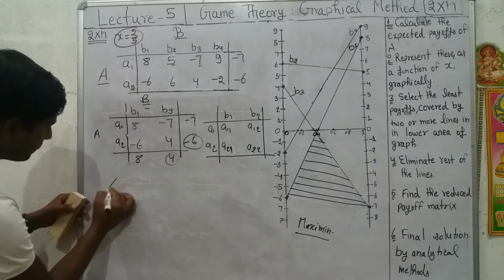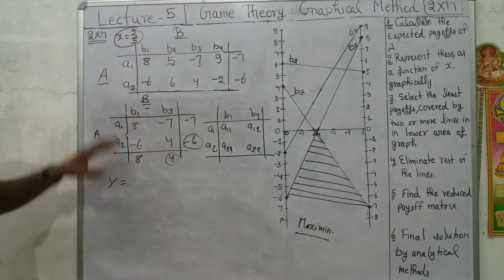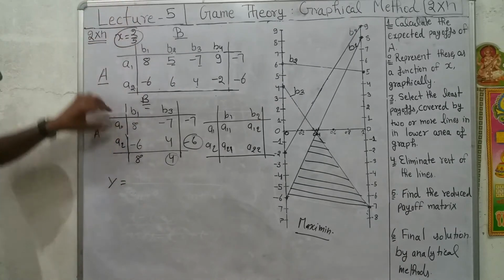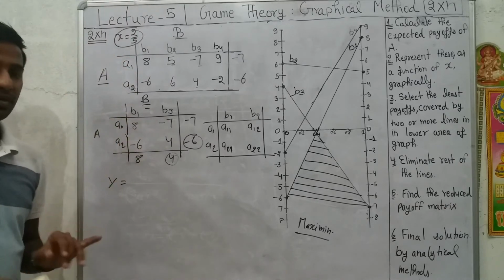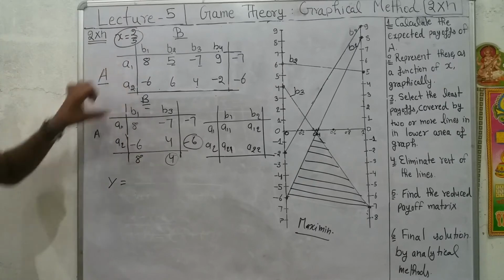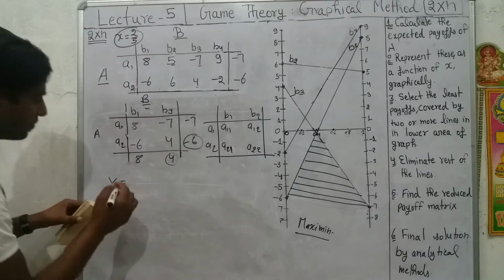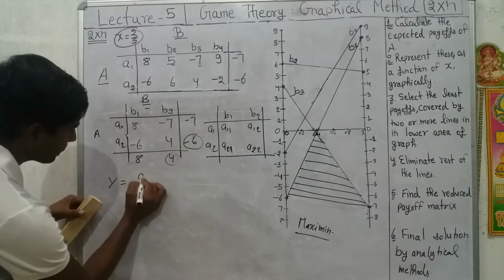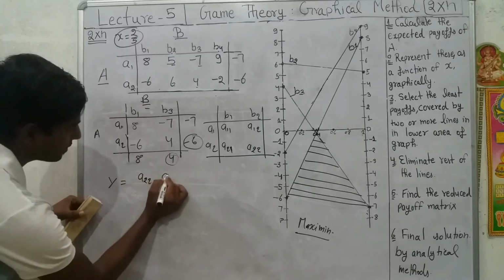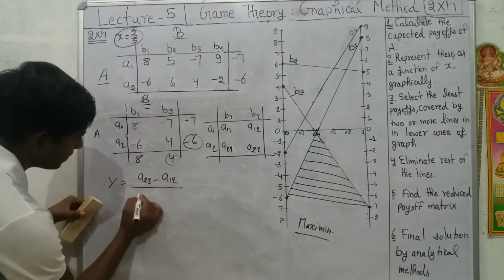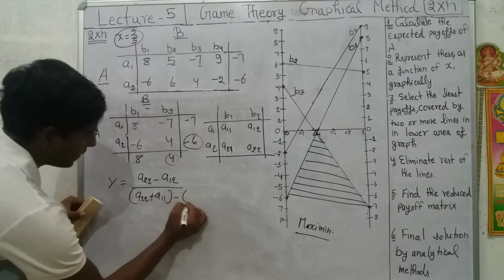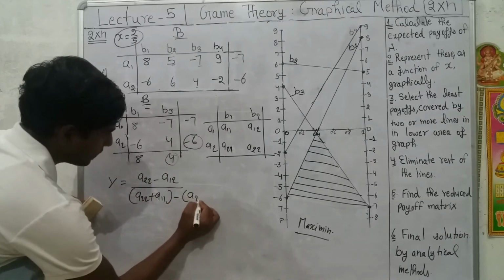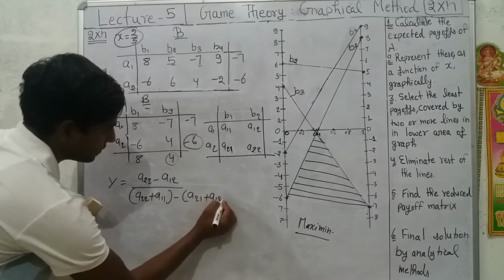Now we need to calculate the value of y. Y represents the probability with which company B is going to apply strategy B1, the proportion in which company B is going to apply strategy B1. So the formula would be equal to A22 minus A12 divided by A22 plus A11 minus A21 plus A12.